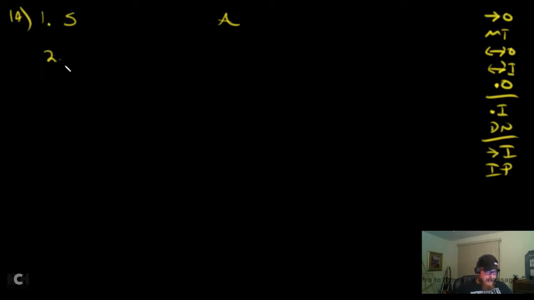Okay, line 2. If he says that he's lying, and he is lying, so there's an arrow. If he says that he's lying, and he is lying, then he isn't lying. Assumption number 2. Assumption number 3.